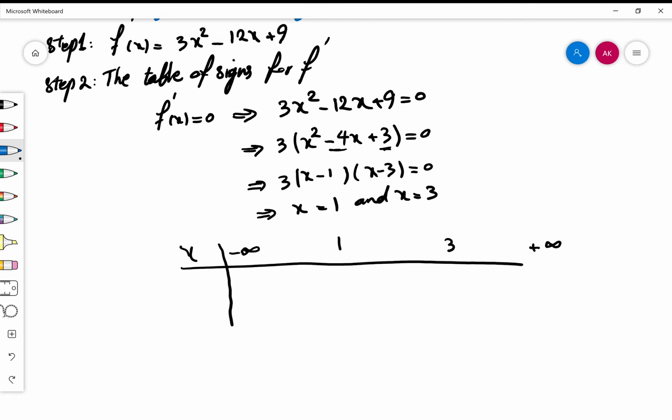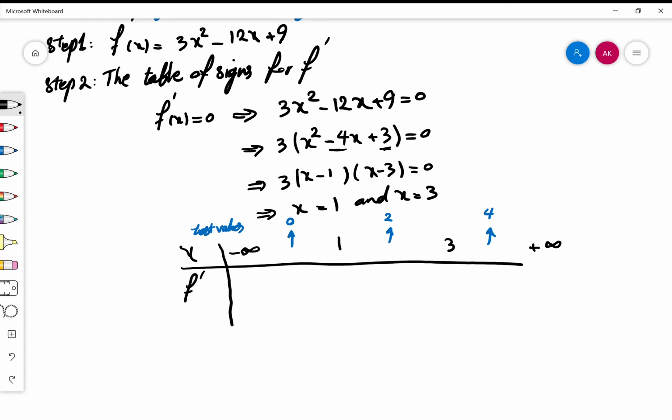Well, I need test values. For the interval from -infinity to 1, 0 is a good number. The number between 1 and 3, 2 is a good number. And 4 is a good number for the interval from 3 to plus infinity.